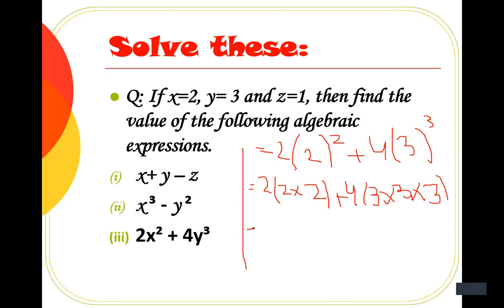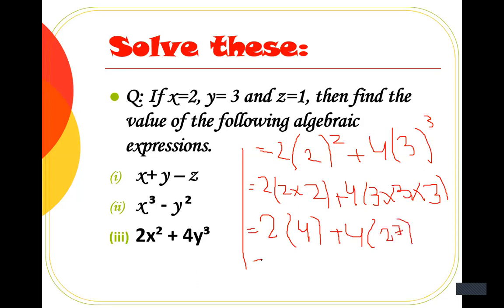Now you will write your coefficient here, then 2 multiplied by 2 is 4, then bracket close, then plus, then your coefficient 4, and 3 multiplied by 3 is 9, and 9 multiplied by 3 is 27. So you will write here 27.